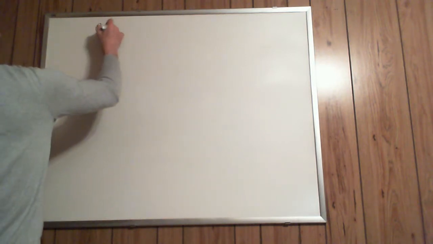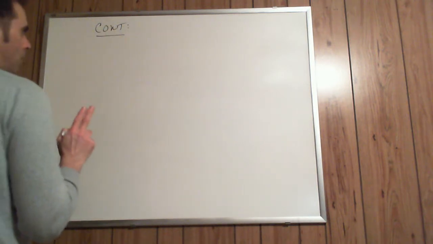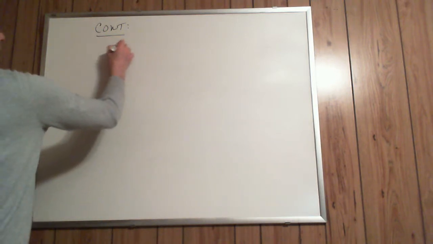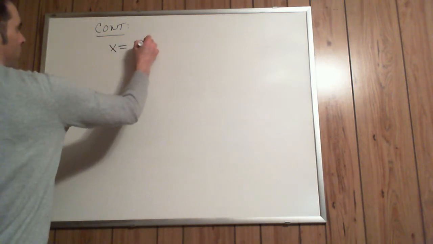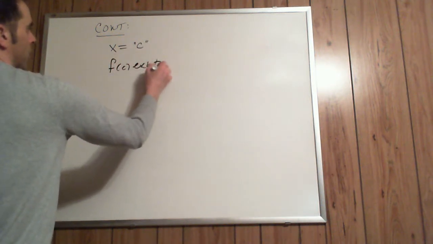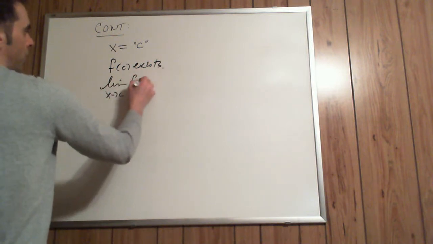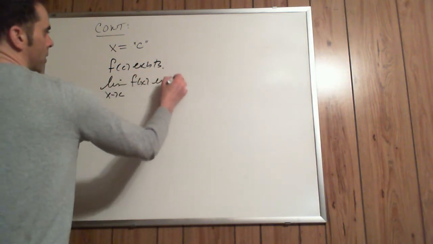Continuity, very importantly. Let's review the definition of continuity. We have 3 things for the definition of continuity, and they must be clearly shown on the test, especially in a free response. To be continuous at x equals c, f of c has to exist. The limit as x approaches c of f of x has to exist.